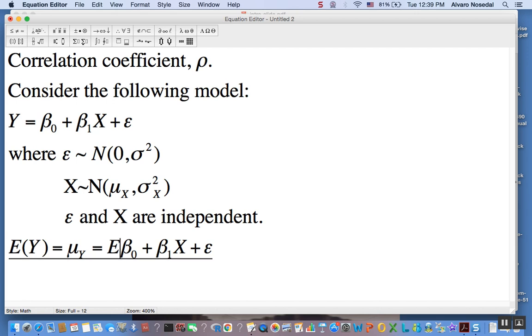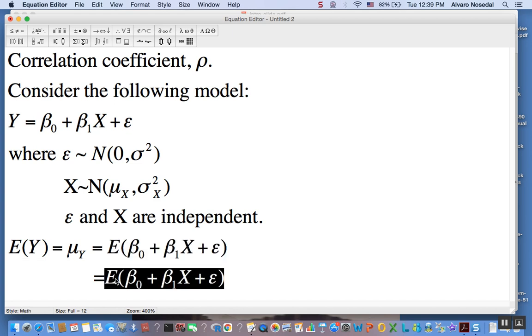So it would be the expected value of beta 0 plus beta 1 times x plus epsilon. So we have the expected value of a sum, that's a sum of expected values, no problem.